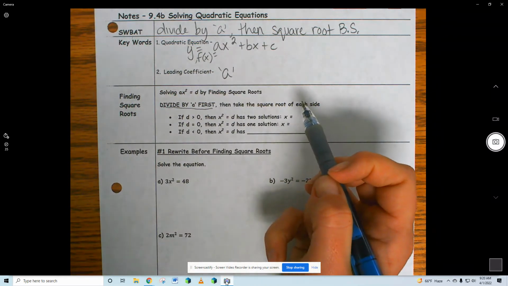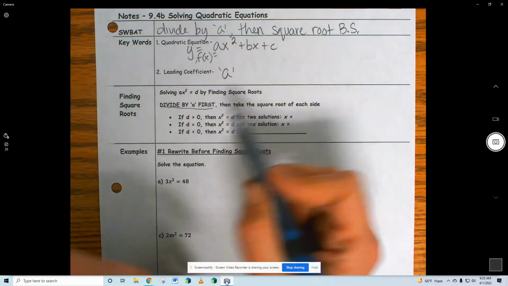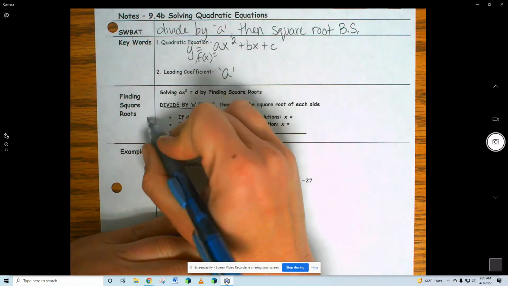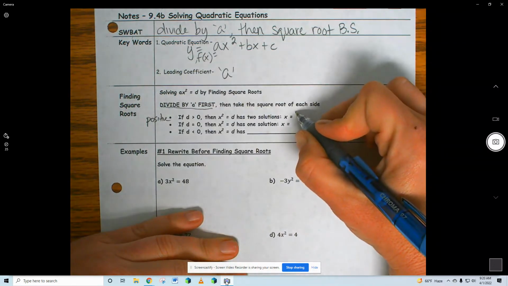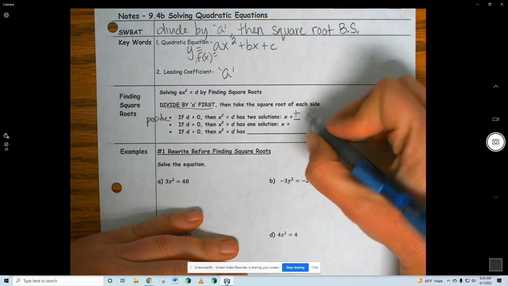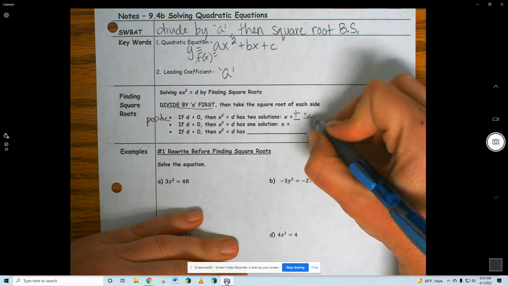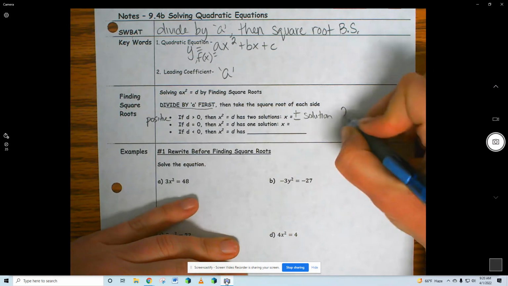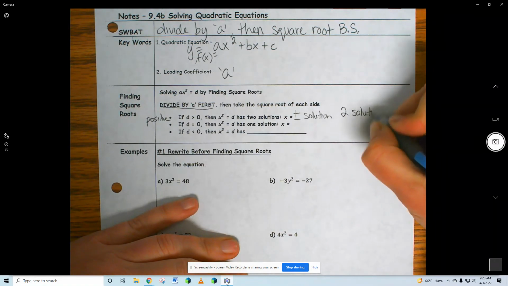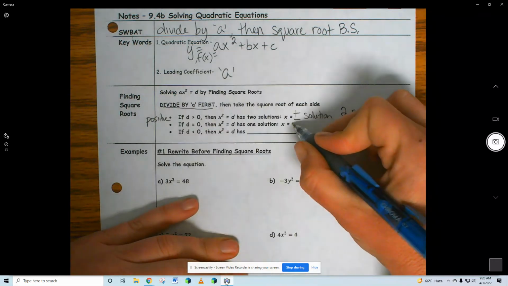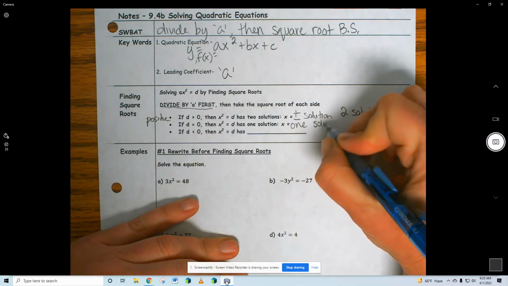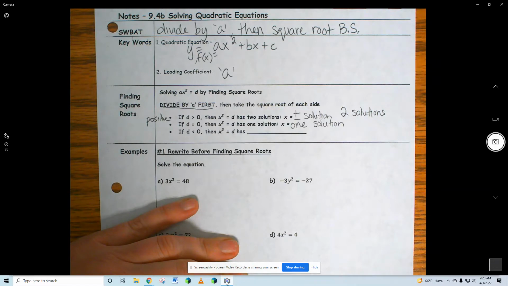All right, real quick again. If d is positive, then I'm going to have a plus or minus whatever the solution is. Two solutions. If d is 0, then it's only one solution, 0.